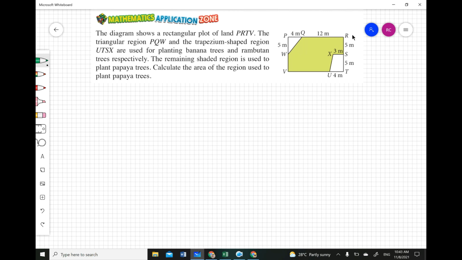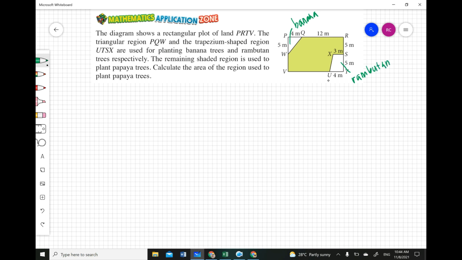So this is the rectangular plot of length. The triangular region PQW, look for PQW, this is the one, and the trapezium shape region UTSX, this one, UTSX, this is a trapezium here, are used for planting banana trees and rambutan trees respectively. So this one is for banana tree and this one is for rambutan tree.